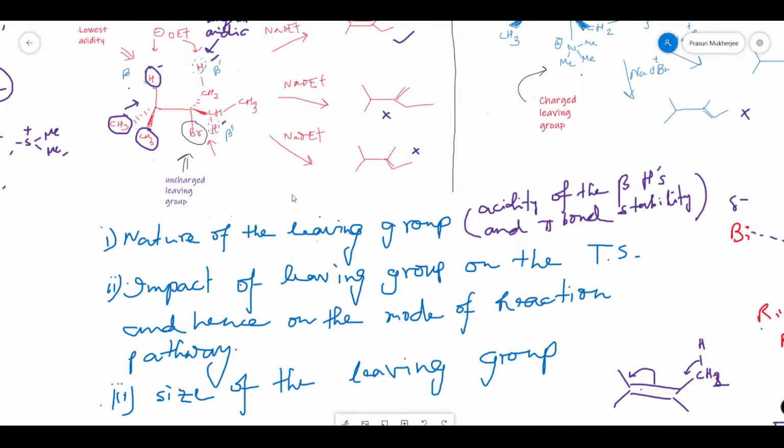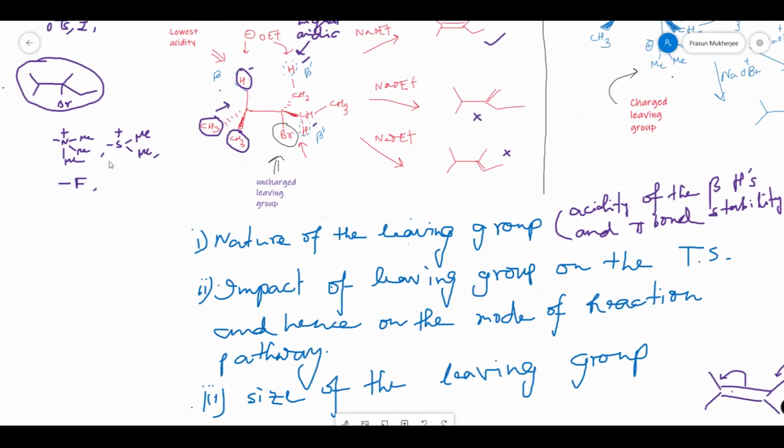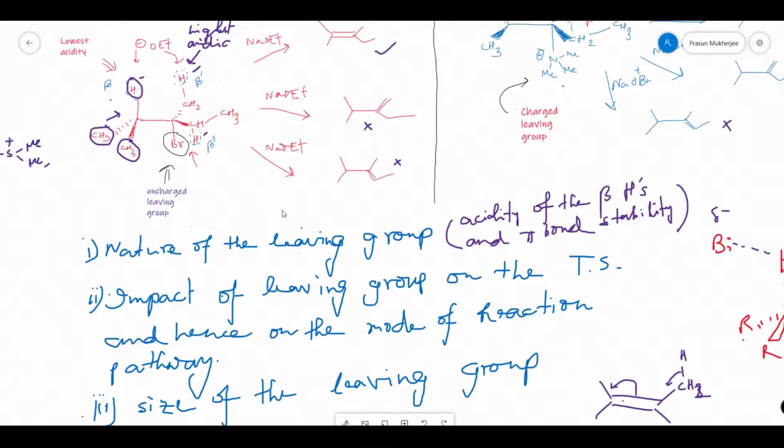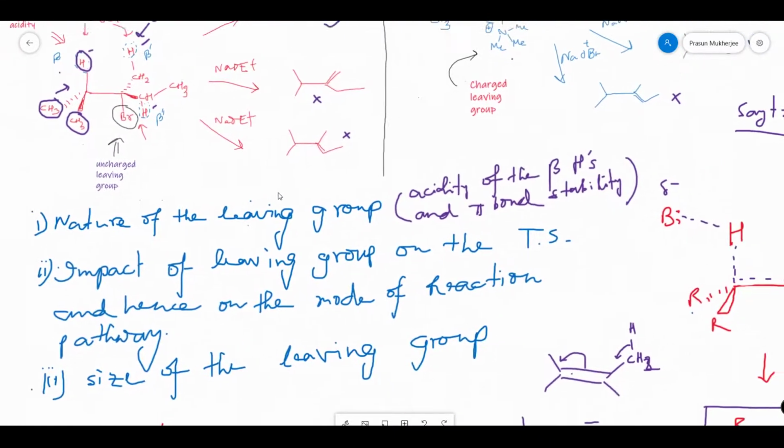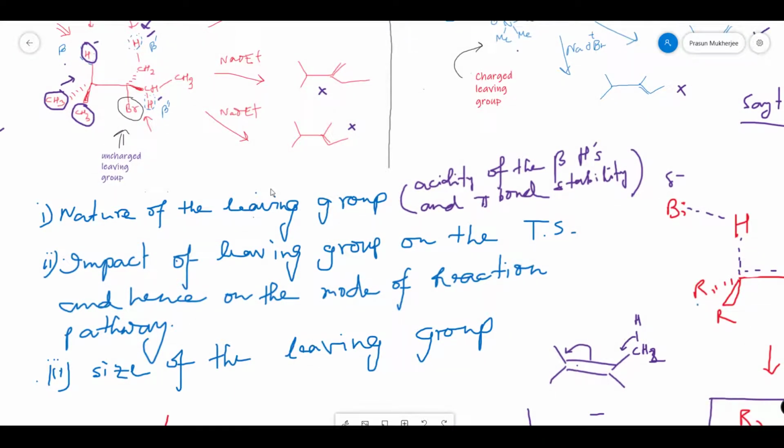And when a charged or highly electronegative element is present as a leaving group, like fluorine, SMe2+, NMe3+, in those cases the mechanism will be essentially the Hofmann pathway. So that is the number 1 factor.